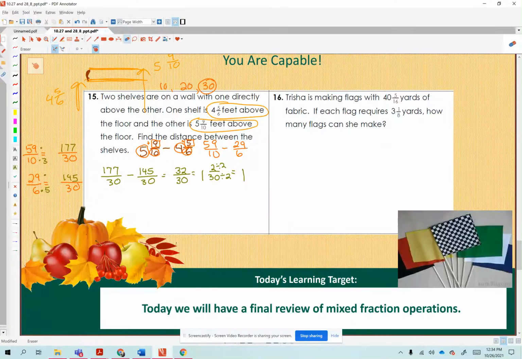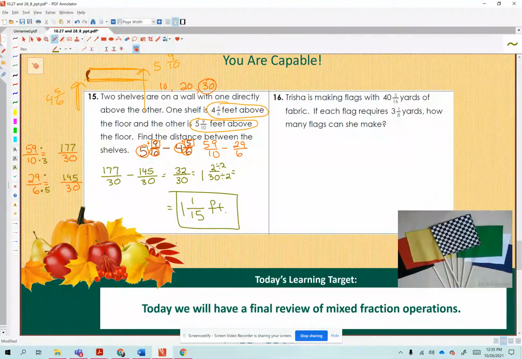And let me write it below so I have room to put the feet. I can rewrite this as 1, and 2 divided by 2 is 1. 30 divided by 2 is 15, so that is 1 and 1/15. And remember, our unit of measure in this problem is feet. So the distance between the shelves is 1 and 1/15 of a foot.